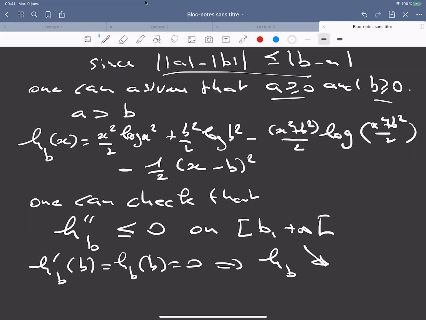And so it is less on b to infinity. So this means that h_b is less than its value at point b, that is 0, and this is what you wanted.